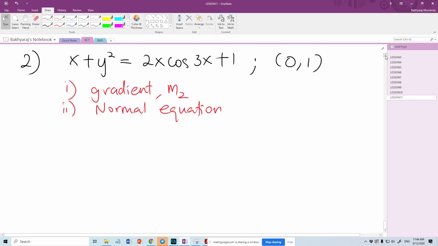Okay, let's discuss the answer. First, go for the gradient. Left hand side, right hand side. Left hand side, d over dx of xy square. What's the answer?